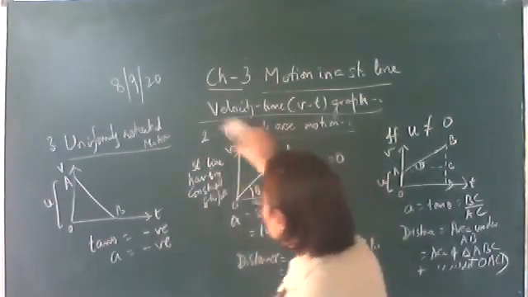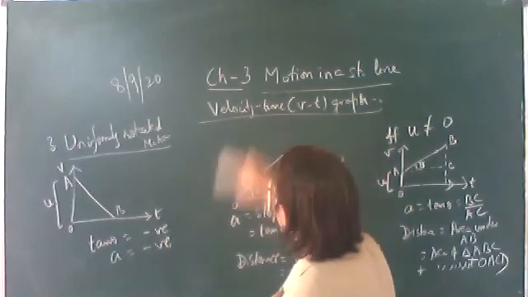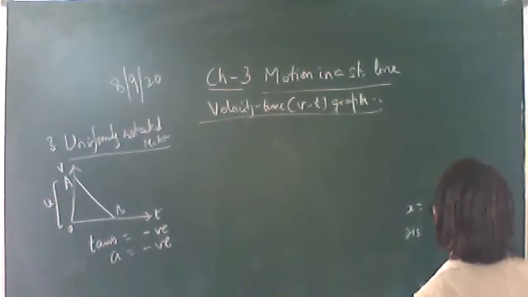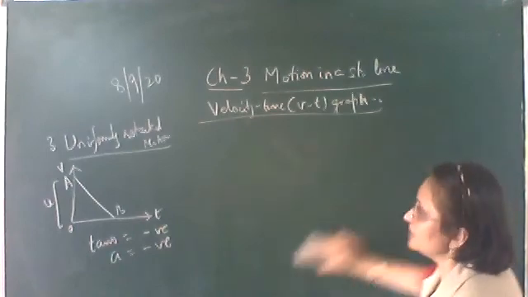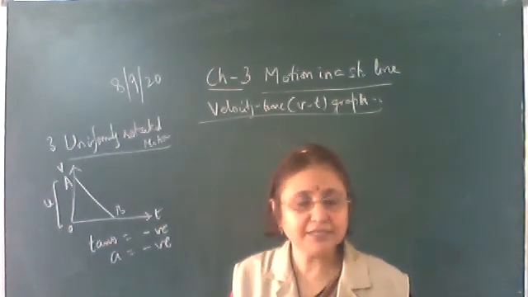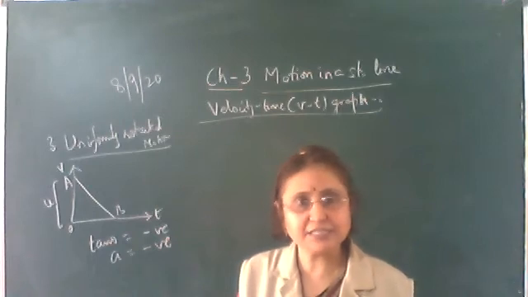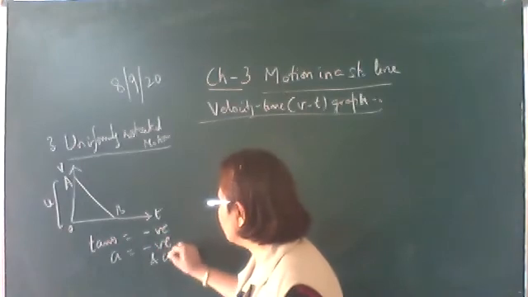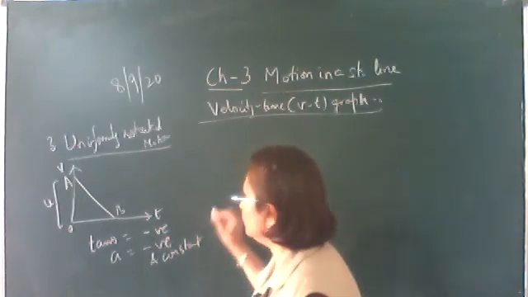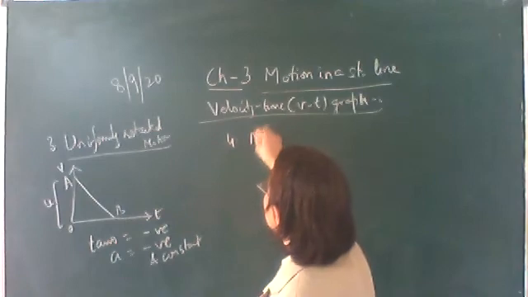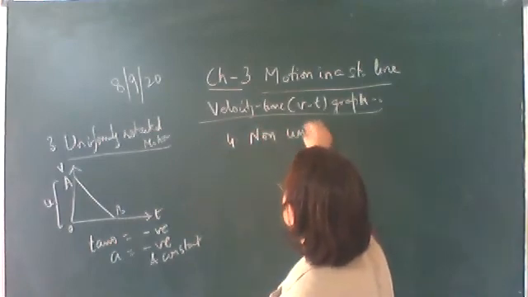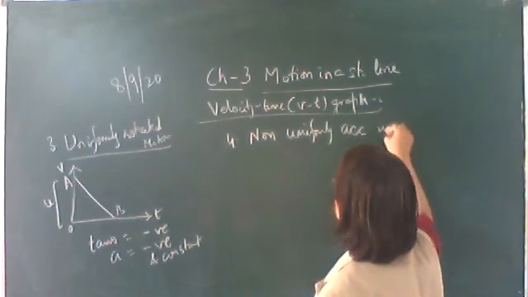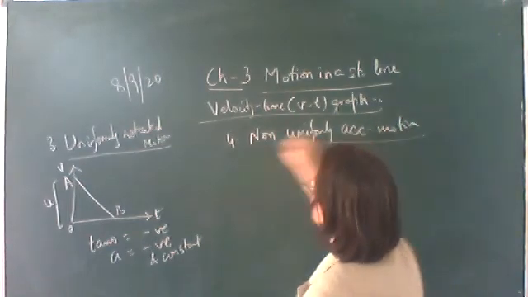For non-uniformly retarded or non-uniformly accelerated motion, the acceleration is not constant. In uniformly accelerated and uniformly retarded motion, acceleration is constant; for retardation it is negative and constant. But for non-uniformly accelerated motion, how can you show the velocity time graph?